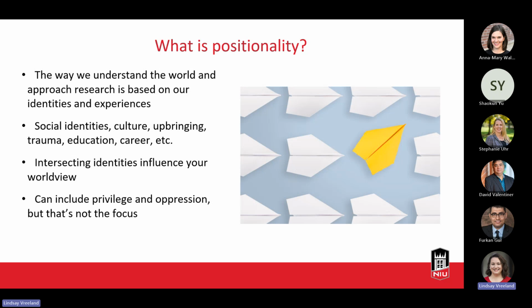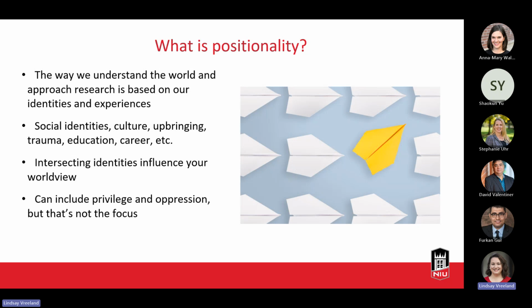And our identities are intersecting. If you've attended any of the FACE workshops where they're talking about cultural competency, there's a lot of discussion of intersectionality and intersecting identities. And so this idea that we're not only walking into a space with our gender, we also have sexuality, we also have our educational background, we have our race or ethnicity, we have our religious beliefs.